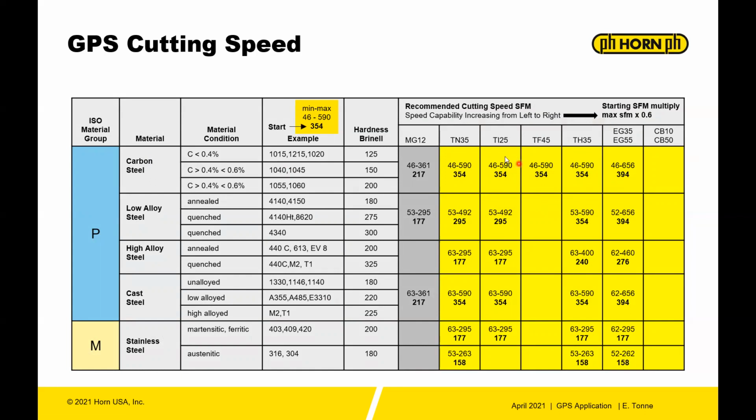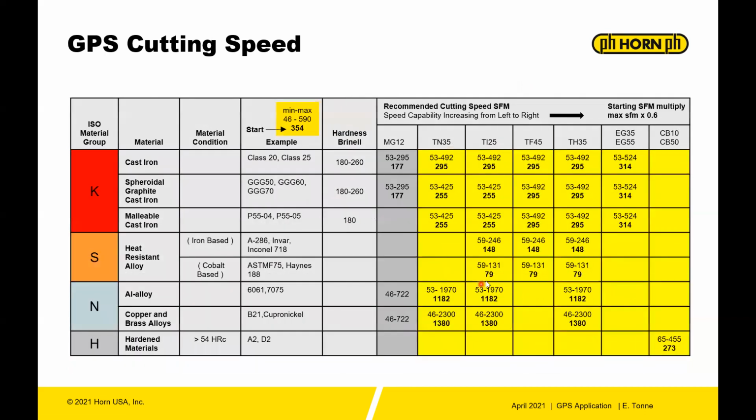Many times you can go outside this max number, depending on the application and depending on the cooling and how easily the chip accepts heat and removes it from the cut. So take the top end value, multiply it by 0.6, and that's my best advice for cutting speeds.